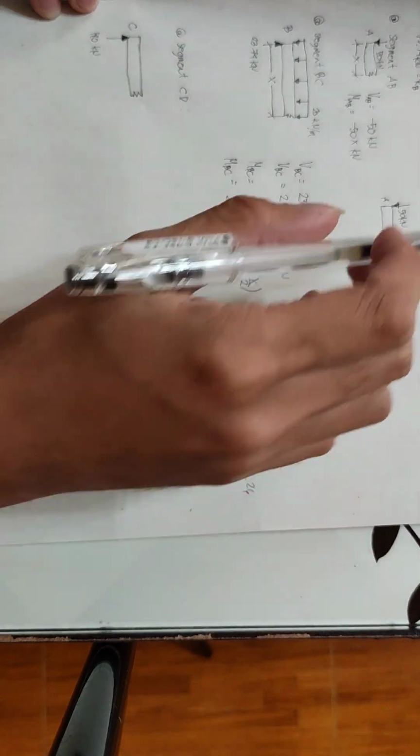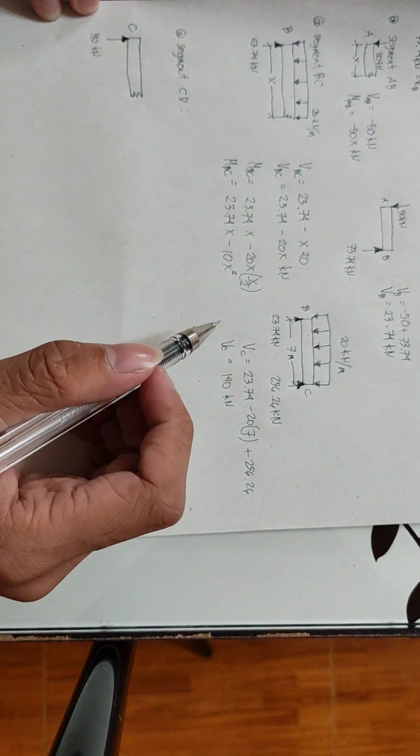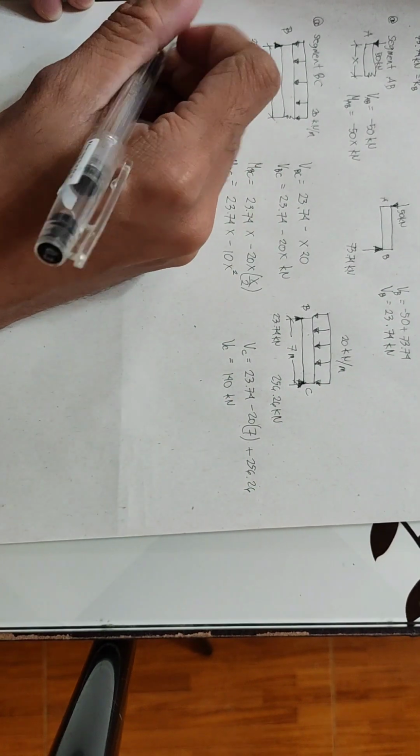And the type of load here is uniform varying, which has the shape of a triangle.